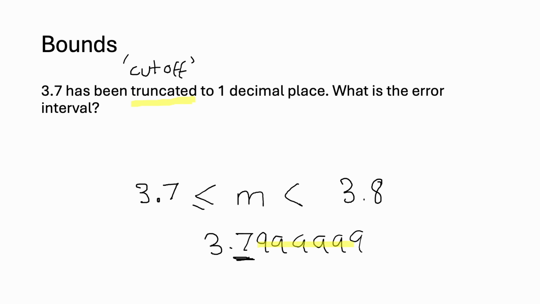So essentially 3.7999999999 is going to be 3.7 when truncated to one decimal place. So that's why we say our interval has to be equal to or more than 3.7, but it cannot get to 3.8, because if we truncate 3.8 to one decimal place, we get 3.8, but we want to get 3.7.